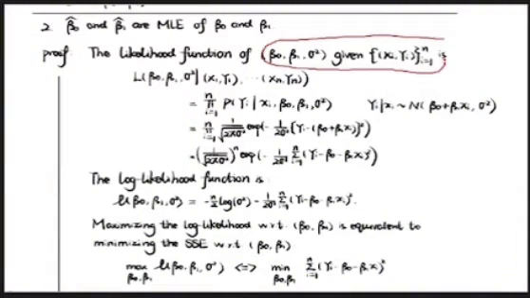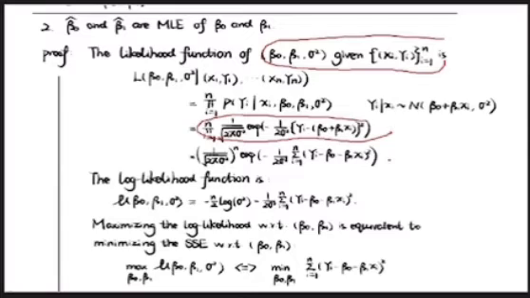Then I'm going to introduce a natural log to both sides. When I introduce natural log to both sides, I'm going to perform two derivatives. Number one, I'm going to differentiate. Now take a look at what I'm doing here. This is the likelihood function of a normal distribution after replacing the mean with beta naught plus beta 1 x.